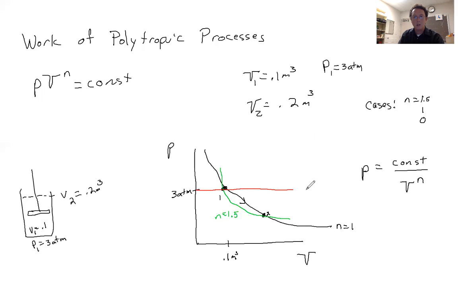Okay, n equals 0. Now, I actually made a mistake. The mistake is this green curve. Oh dear, undo that. There you go. Get rid of the green one.